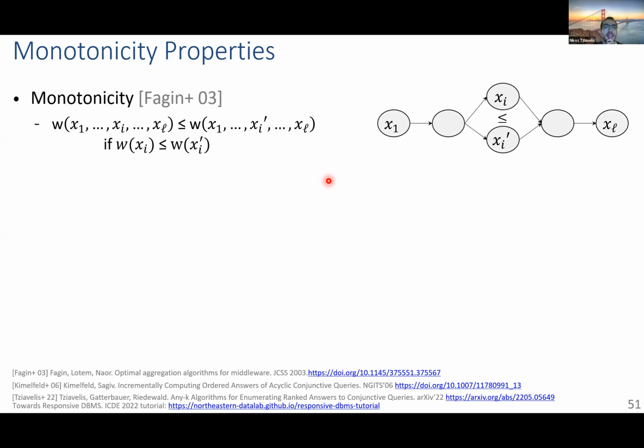This monotonicity says that if I have an aggregate function and I replace some entry xi with xi prime, and xi prime is bigger than xi, then the result of the aggregate function will also be bigger. Now, this type of monotonicity is not enough for us, because we also need to compare partial solutions. This definition doesn't say anything about partial solutions, essentially prefixes and suffixes.